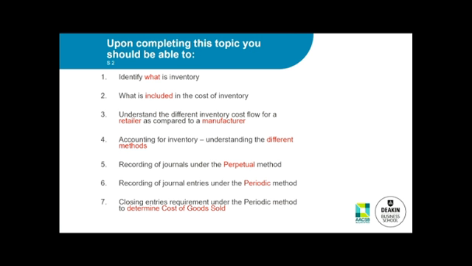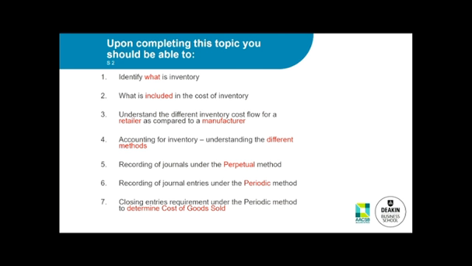So we need to identify what inventory is, what is included in the cost of inventory, understand the different inventory cost flows for retailers compared to manufacturers, just briefly. Understand different methods of accounting for inventory. That's perpetual and periodic. Just briefly talk about them and see what the key differences are. Record the journal entries using the perpetual method and the periodic method, and then we have to calculate the closing entries, which are really critical for the periodic method.